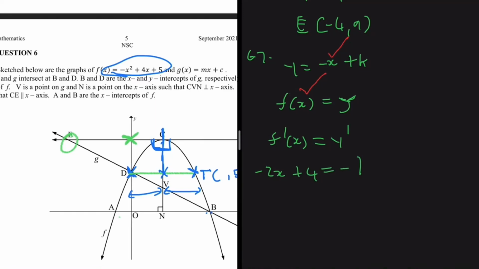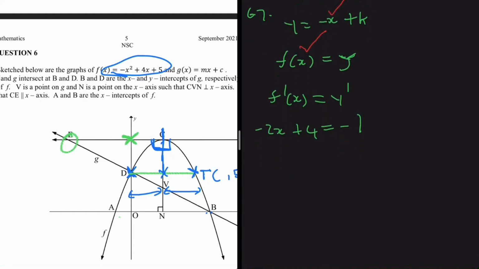We're using the power rule, right? We're differentiating f of x and y. So now we can say that minus 2x is equal to minus 5. So x is equal to 5 divided by 2. So at this coordinate, 5 divided by 2, this is where the two graphs touch, right?